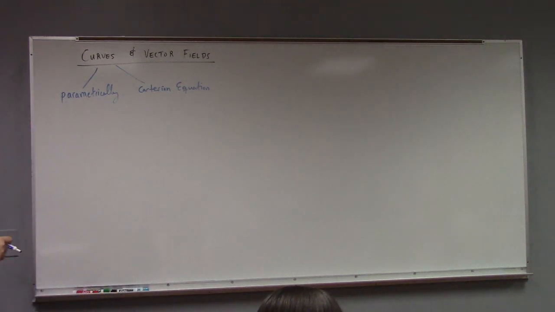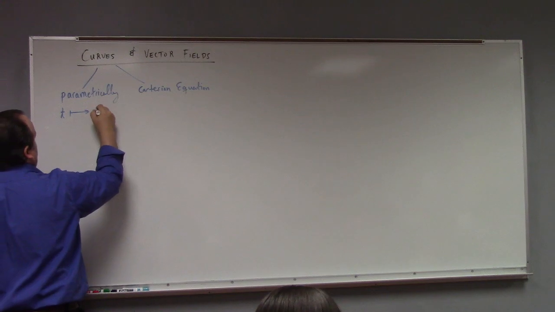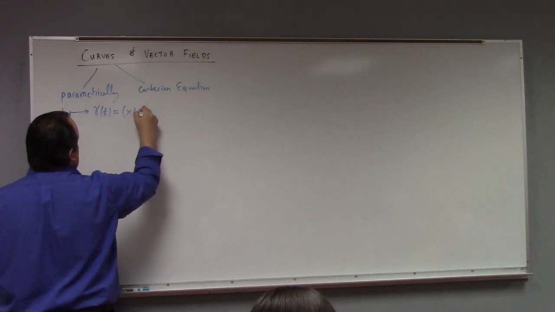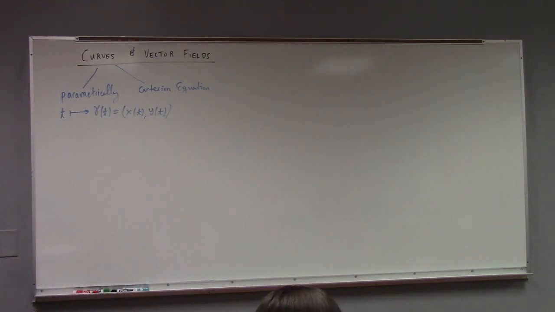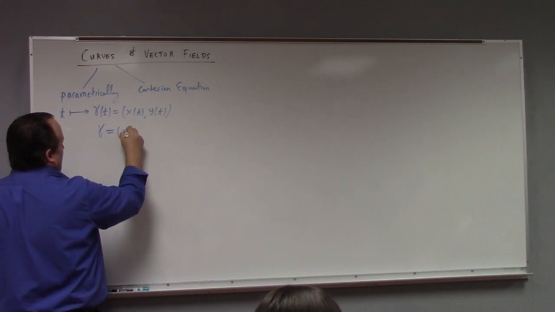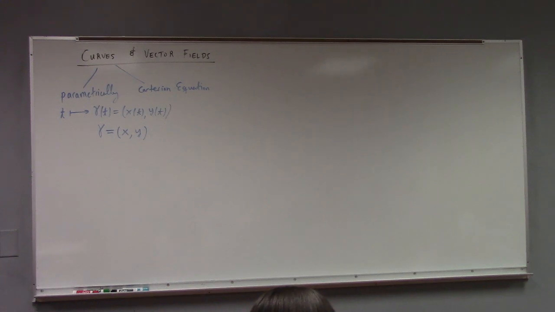So parametrically, we describe a curve or a path like x of t and y of t, right? Something like t maps to, say, gamma of t, which is a pair x of t, y of t. Now, all of this t gets really annoying, so sometimes I'll just abbreviate this by saying gamma is equal to x comma y, to say that's a path, and it has x component function x and y component function y.